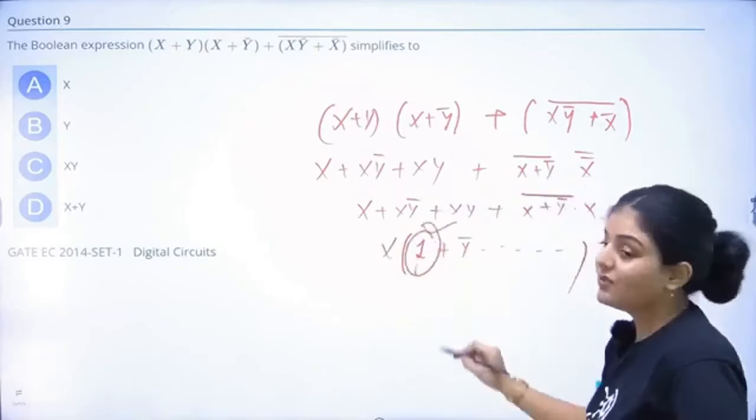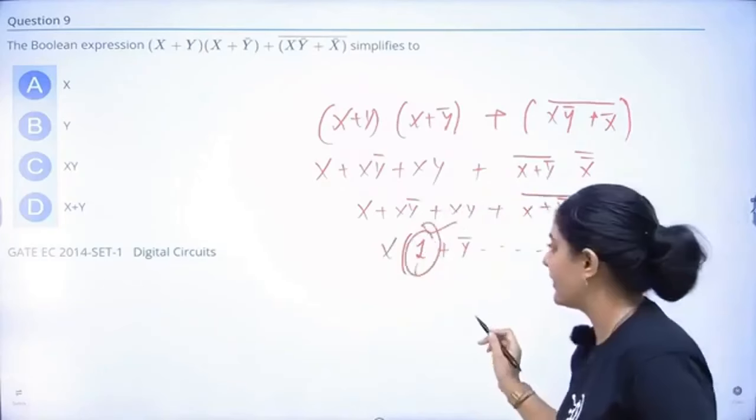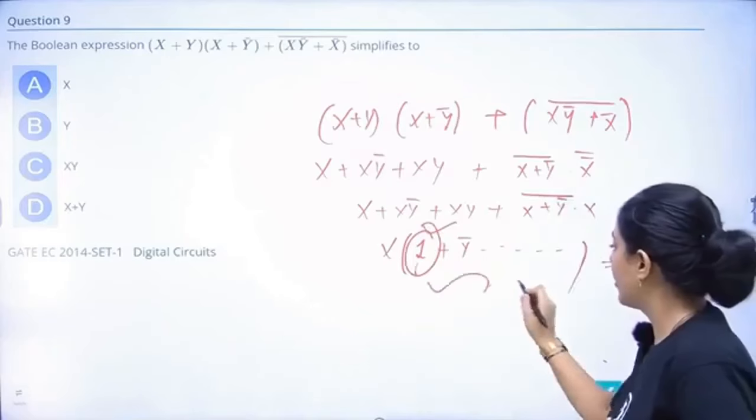So here we can see 1 added to anything will result in 1.